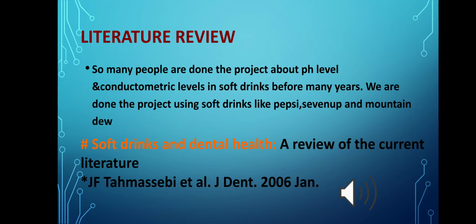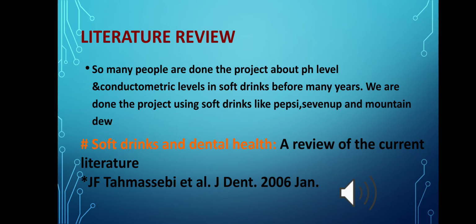The literature related to dental caries, erosion, drinks, soft drinks, and fruit juices was reviewed. The literature shows efforts have been taken to modify soft drinks by either adding or deleting certain components so as to reduce their harmful effects on teeth.